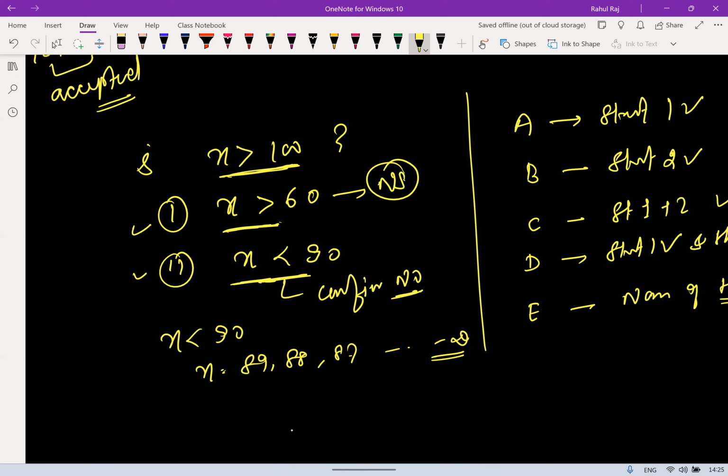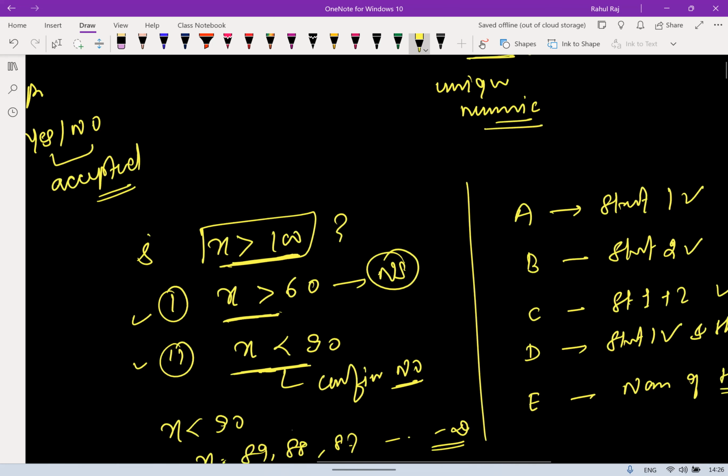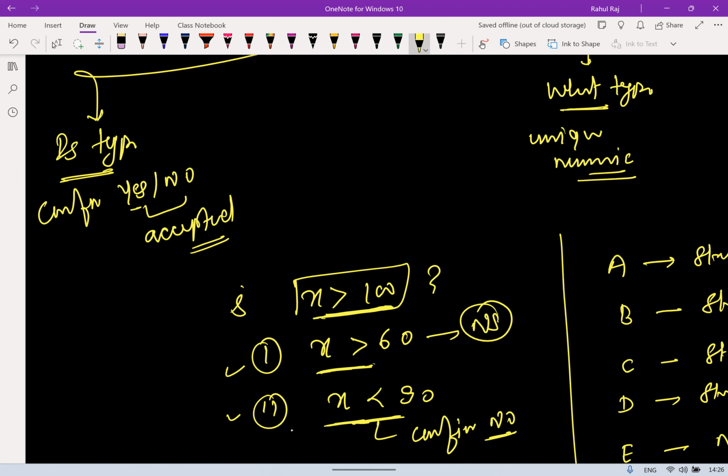Imagine, Harshita, if I ask, is your name Rahul? What's your answer? If I ask, is your name Rahul, Khyati, what is your answer? No, right? And no is an accepted answer. What I've told you is that in this type of question, confirm yes or confirm no, both are accepted answers. Girish, is this clear? Rahul, is this clear?